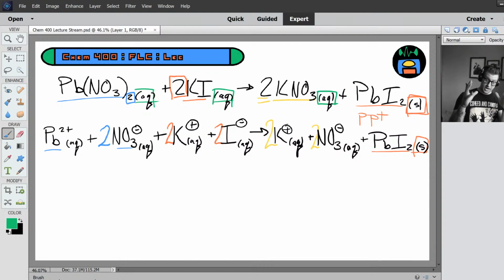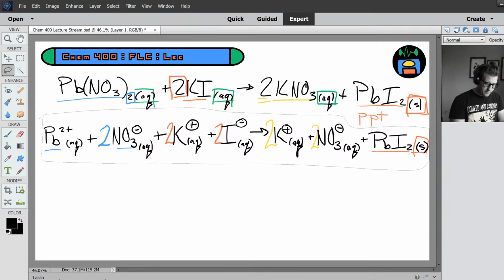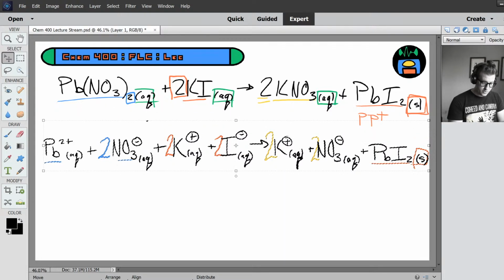But if an ionic compound is solid, that means it's insoluble in water and will remain associated. All right, so this whole thing right here, I'm going to bump this down. There's a name for this type of chemical equation where we separate out all of our soluble ionic compounds into their separated cation and anion pairs.